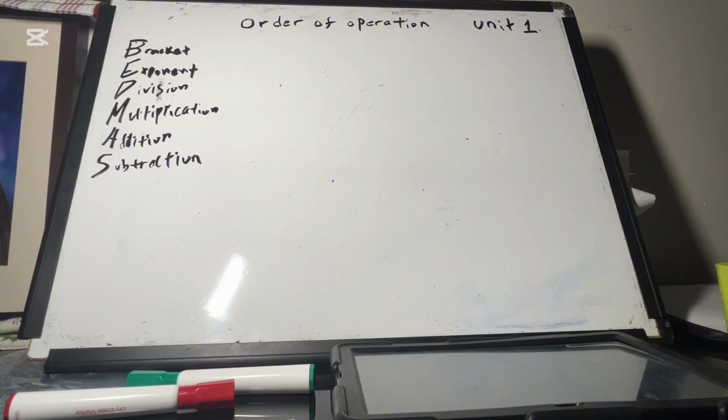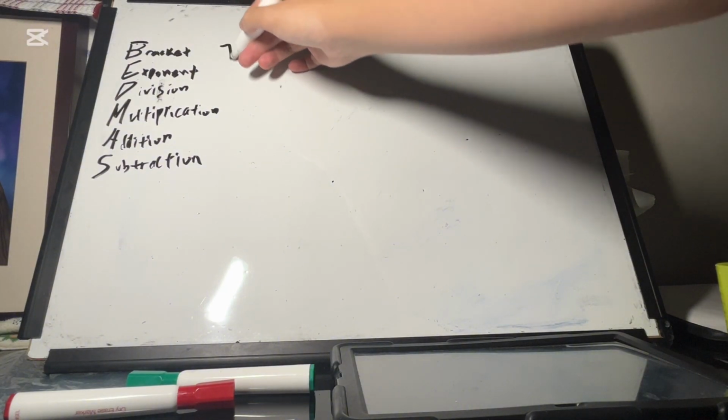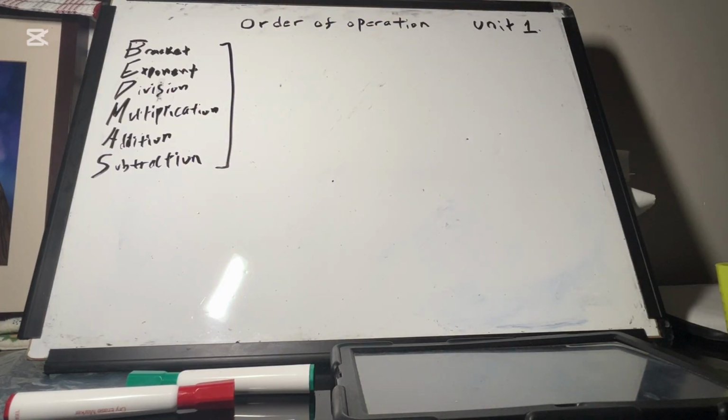So I presume most of you are familiar with BEDMAS, which will be the basis of the order of operations. Let me first explain what the order of operations are. The order of operations is a set of order in which you follow to solve an equation.